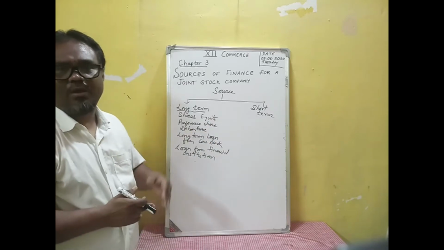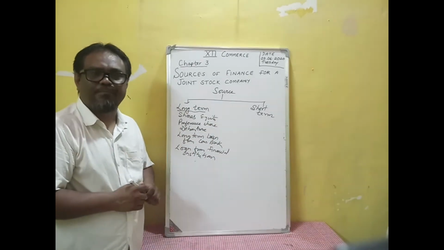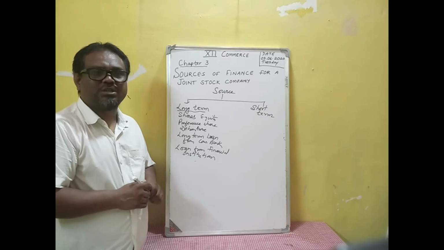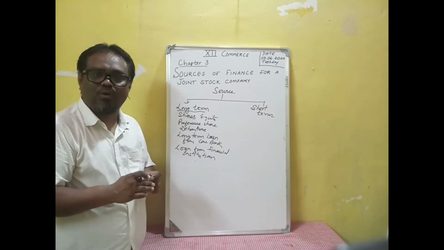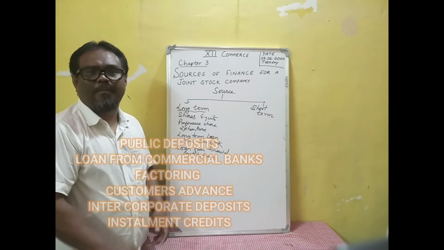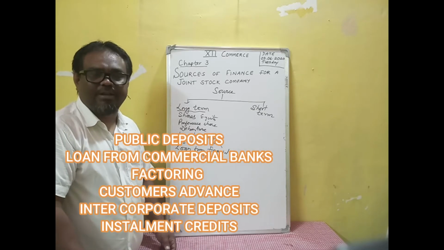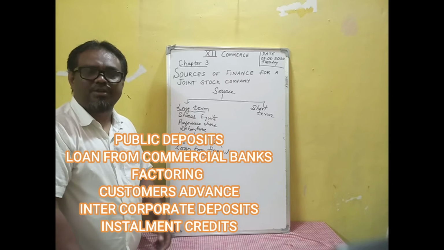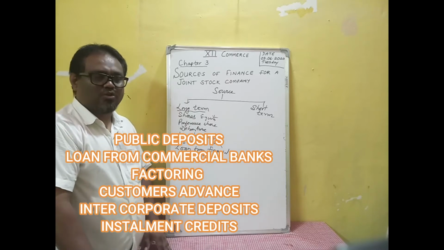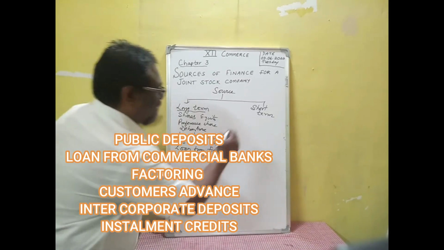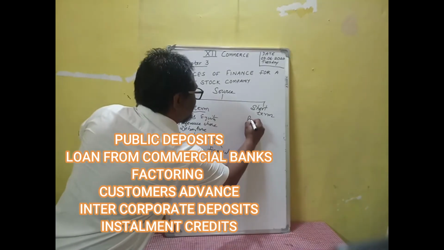In the same way, short-term loans are also there. Those short-term loans include loan from commercial bank, customer advance, factoring, installment credit. So there are many short-term sources of finance. Number one, you can see public deposits.